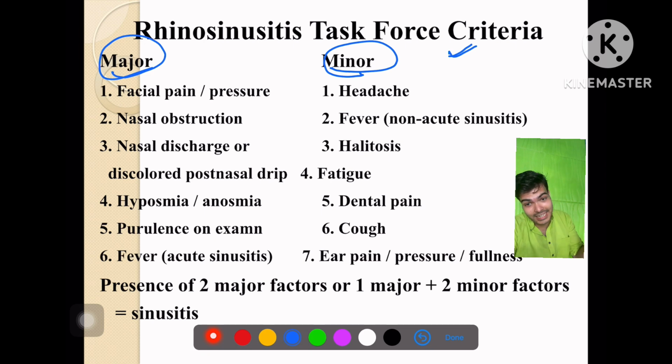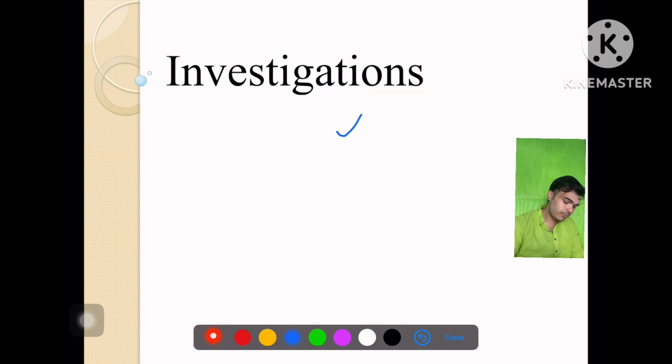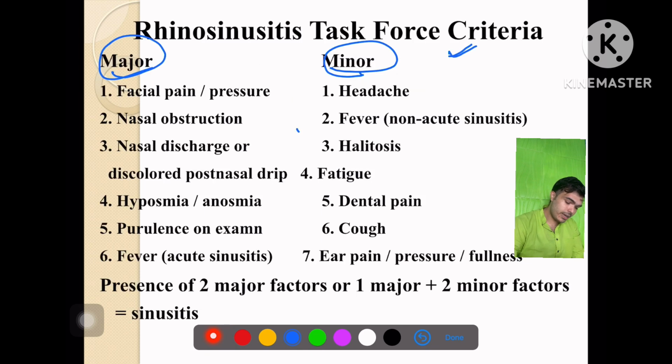Whenever we talk about minor criteria, these are basically supporting criteria. For example, fever, malaise, headache, halitosis, fatigue, dental pain, cough. These are the supporting or minor criteria.